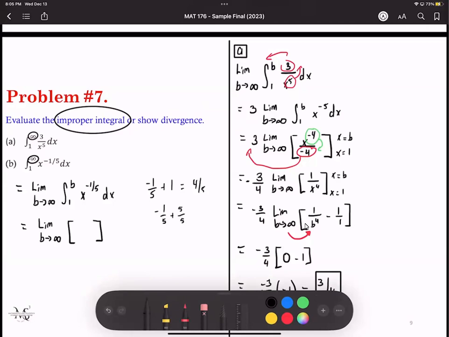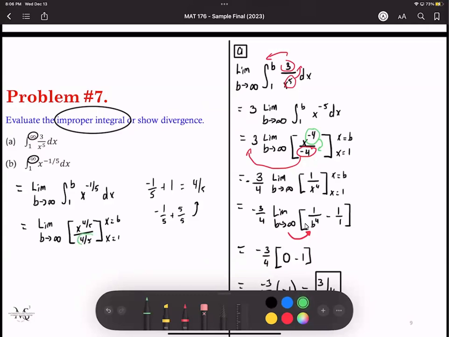So 5 minus 1 is 4. So we're going to get x to the power of 4/5 divided by that sum, 4/5. Now, our limits of integration go on the outside, so it's from x equals 1 to x equals b.